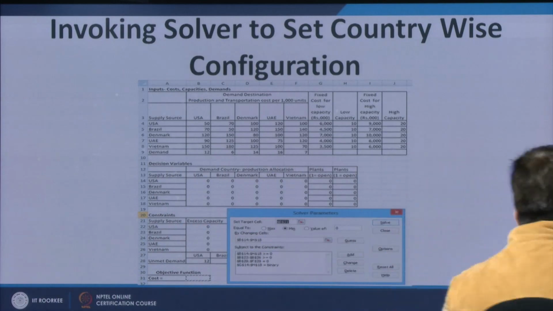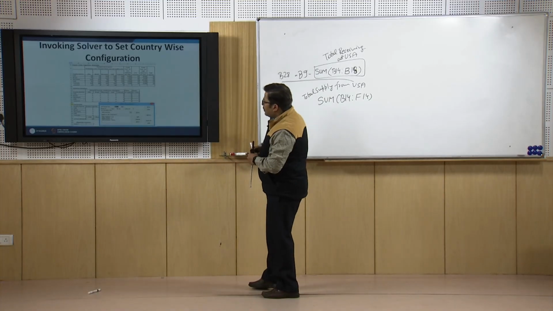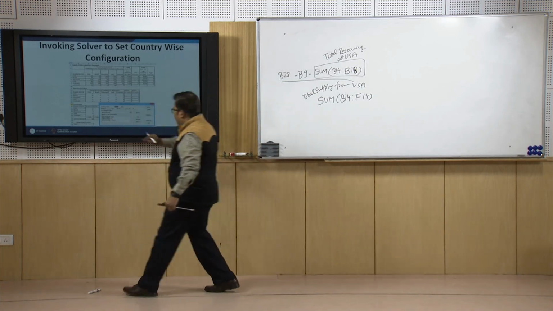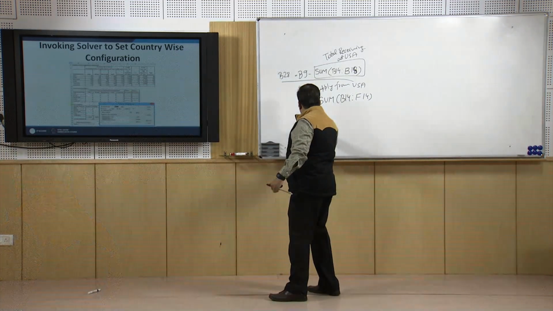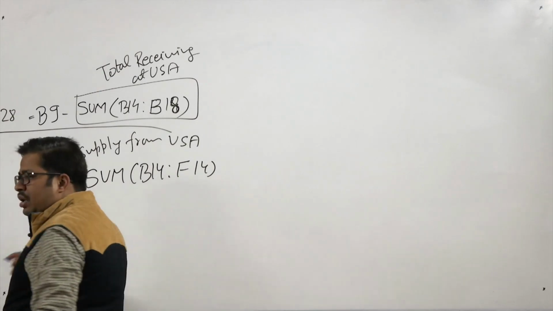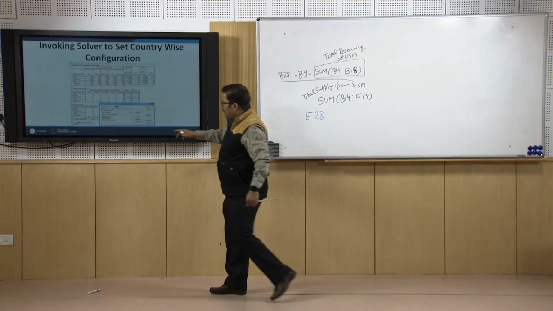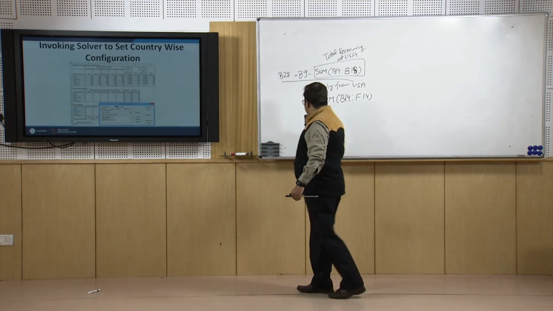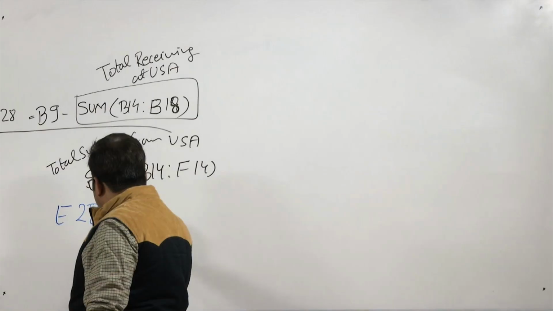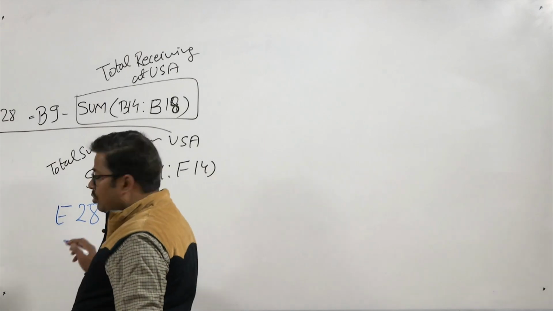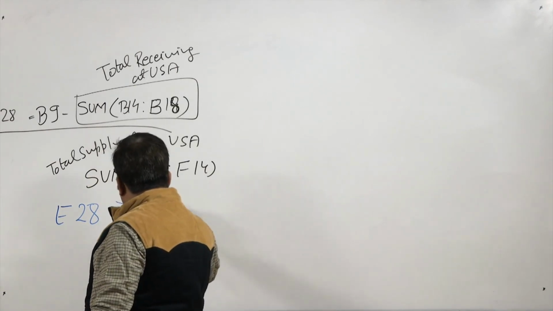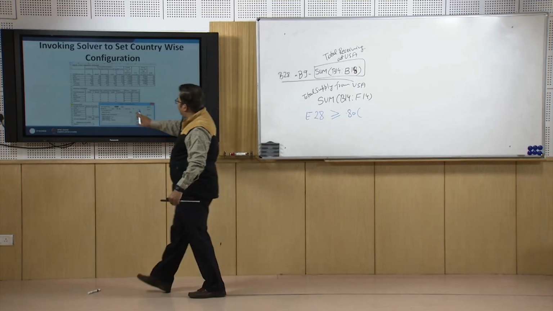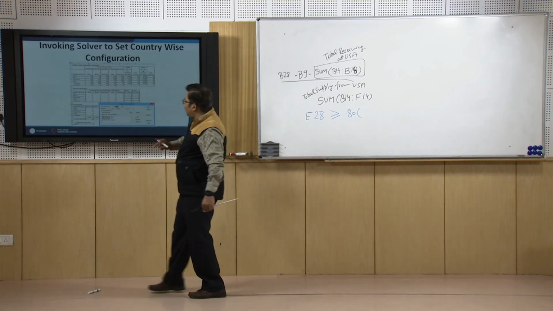For UAE, the constraint will be that this is E28, which in this case is equal to 0, but in this case it should be greater than or equal to 80% of E9, as we want 80% of the demand to be fulfilled.